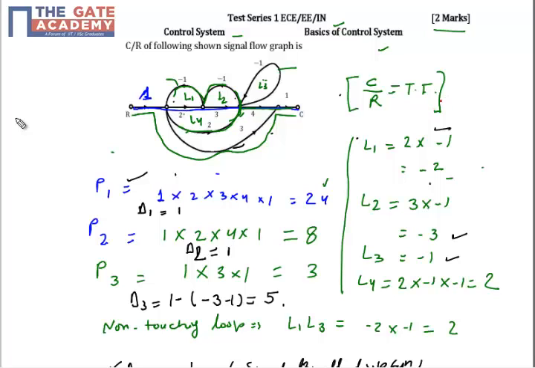Mason's gain formula and the signal flow graph are a very important topic of basic control systems, unit number 1 of control systems. In unit number 1, we have topics like block diagram reduction (BDR), signal flow graph, and problems based on basic control systems like open loop, closed loop, and simple transfer functions.